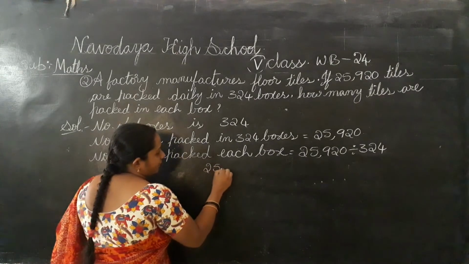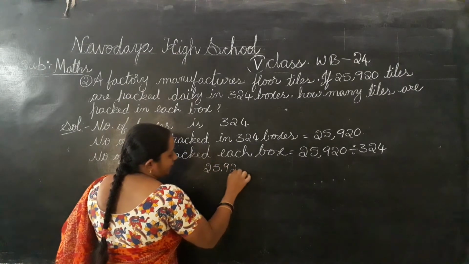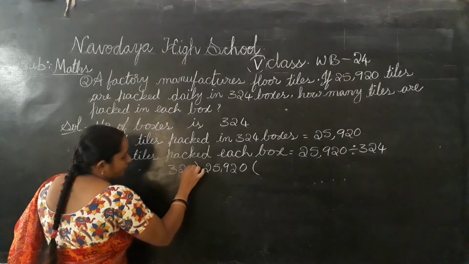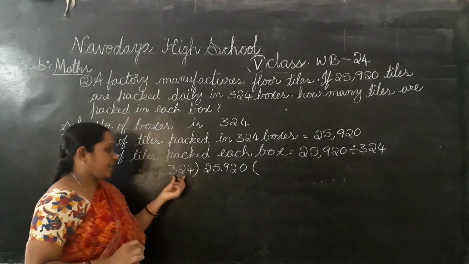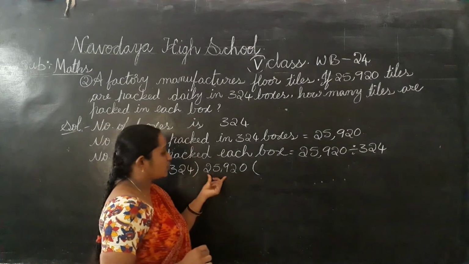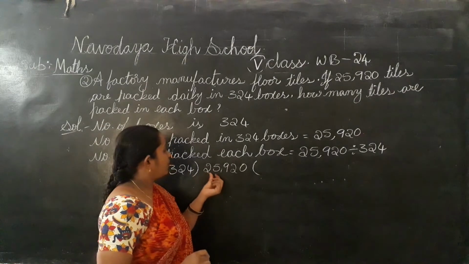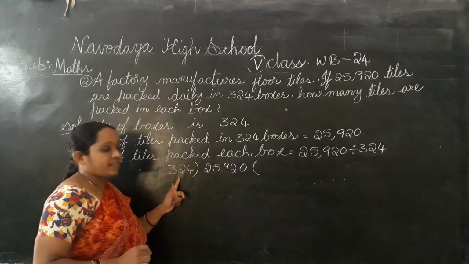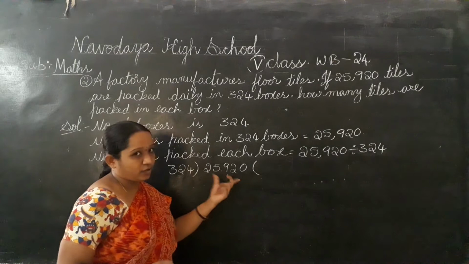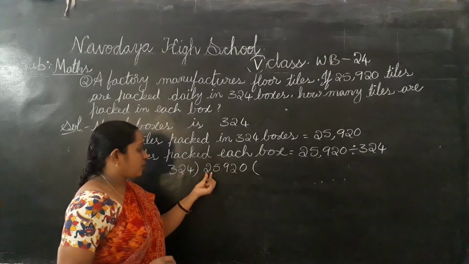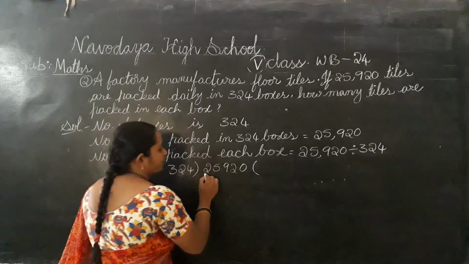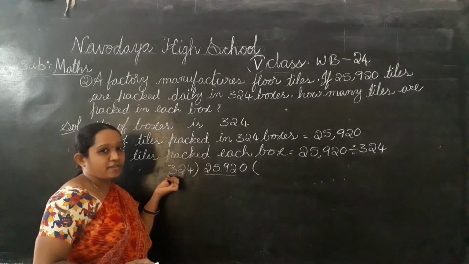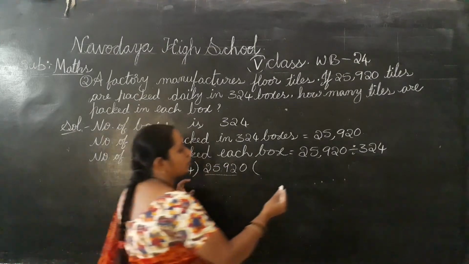So 25,920 divided by 324. This is a 3-digit number, so choose 3 digits, children. 259. It is lesser than the divisor. So take another place, 4-digit number, 2,592. How many times will 324 go into this? We don't know.